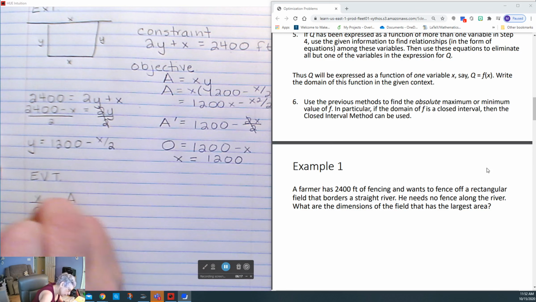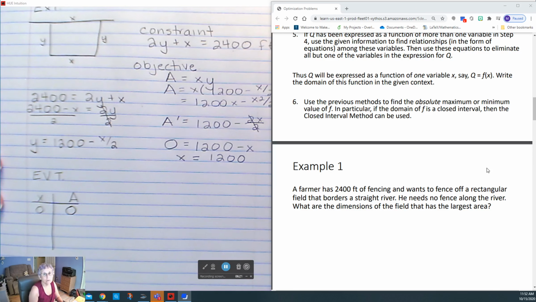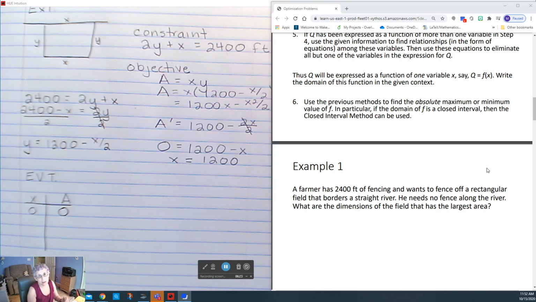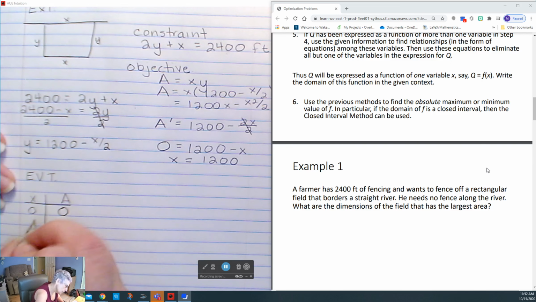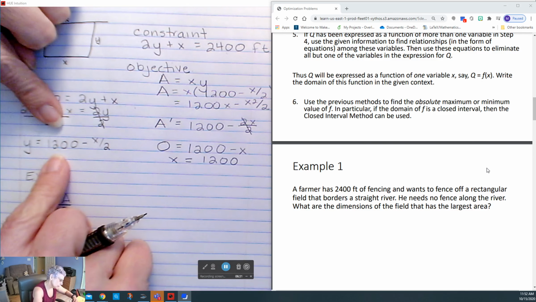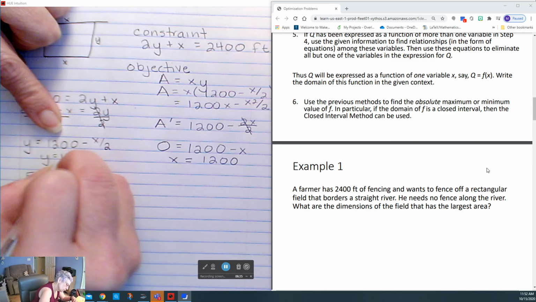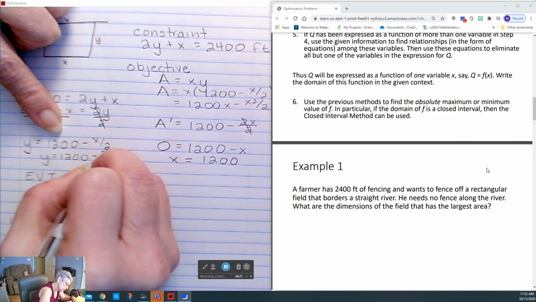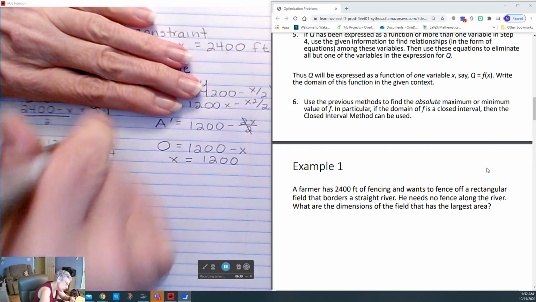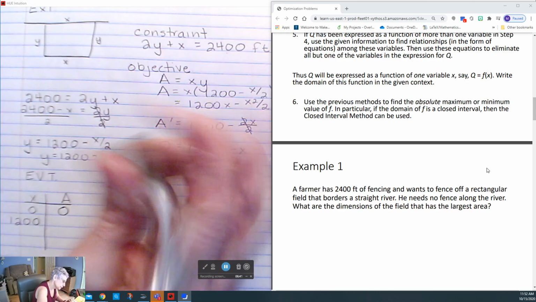Then your area would be equal to 0 because x times y would be 0. Your x could be 1200, in which case y would be equal to 1200 minus 1200 over 2.